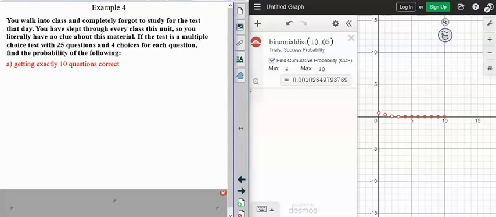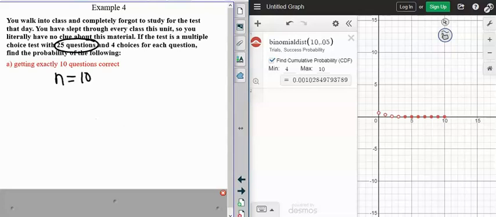So here we already know that it's two things. Either you get a question correct or you get it wrong. That's two outcomes. Number of trials, sorry. There are 25 questions here, and that's how many trials there are.